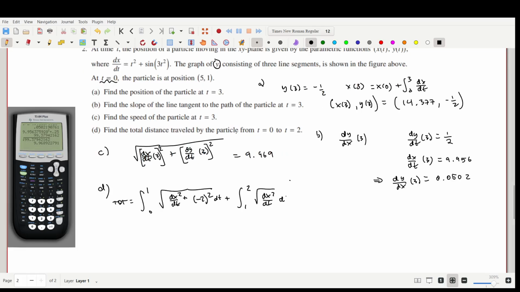dt's here, and we go into my calculator and plug these in. Math 9, 0 to 1. Square root of y1 squared plus 4. Plus 1 to 2. And you probably do want the square roots here still, just in case there's a negative that makes it positive.